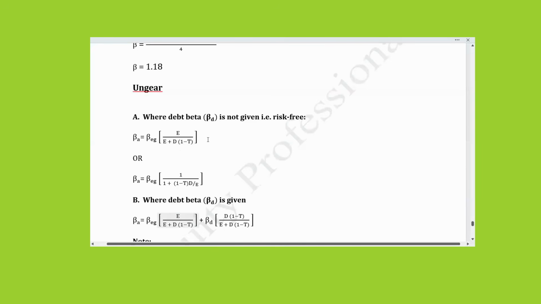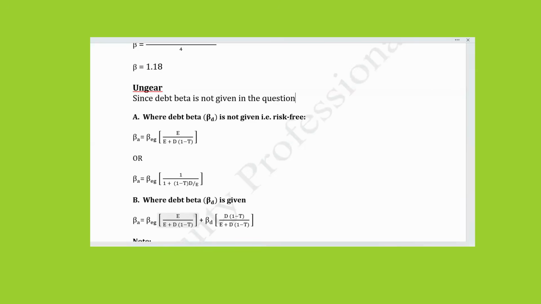So if debt beta is risk-free, I can either use this formula. Let me put it down for you. Since debt beta is not given in the question, it is assumed to be risk-free.